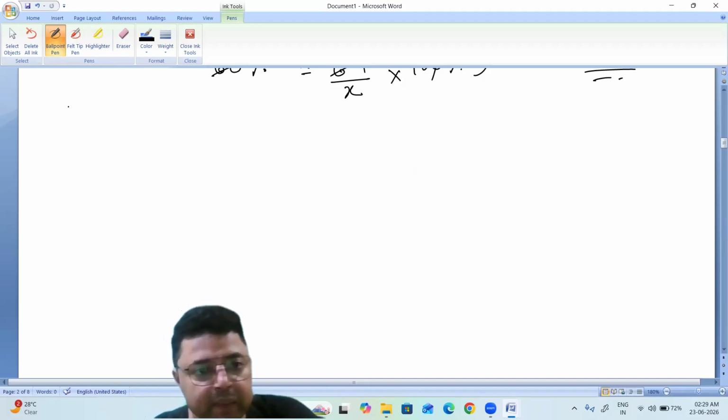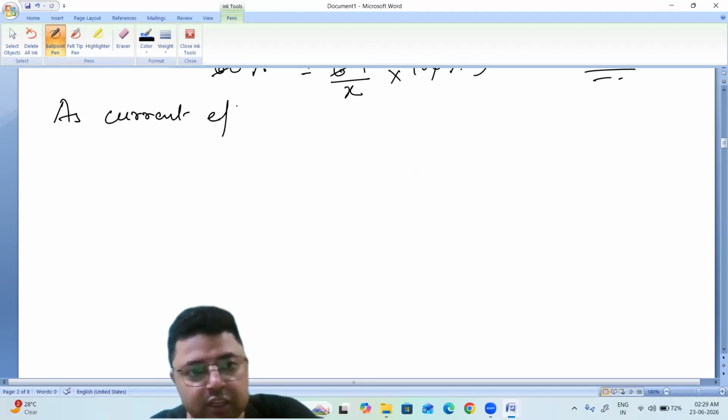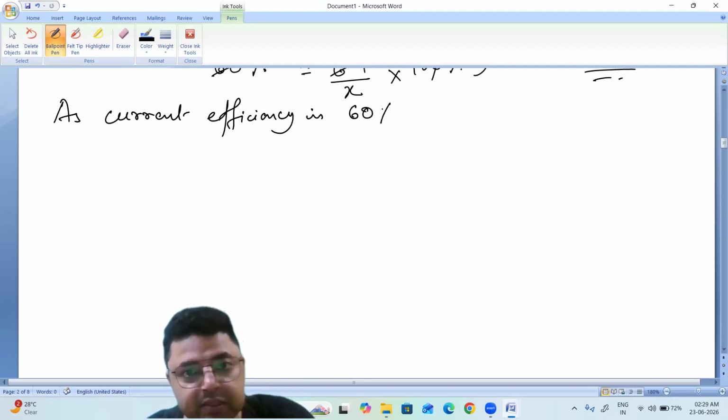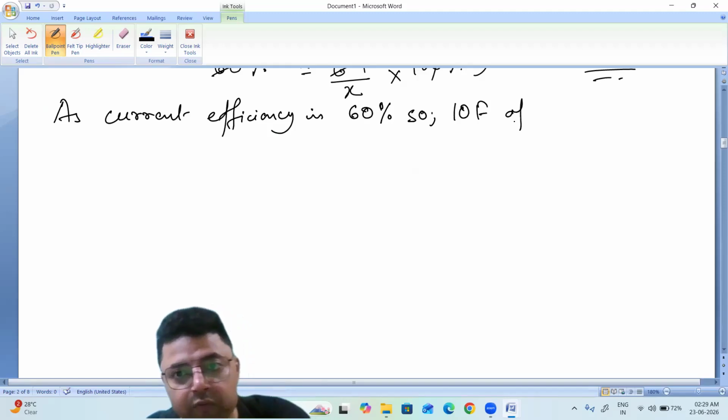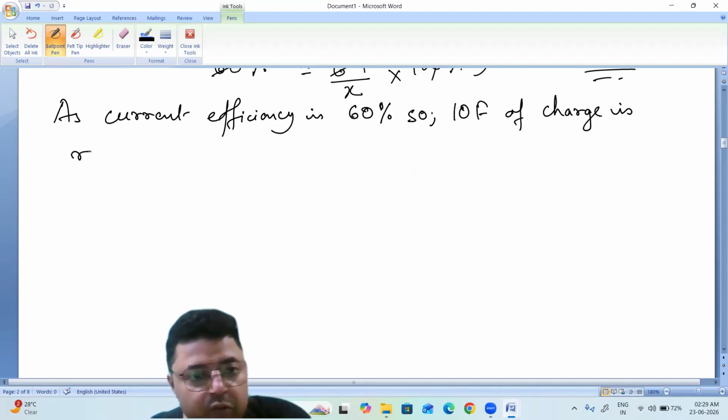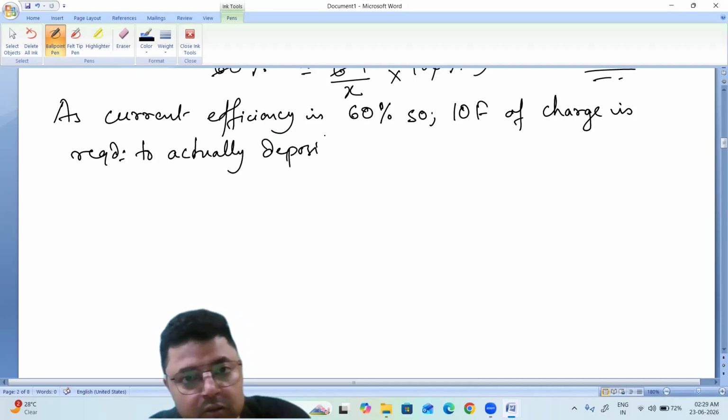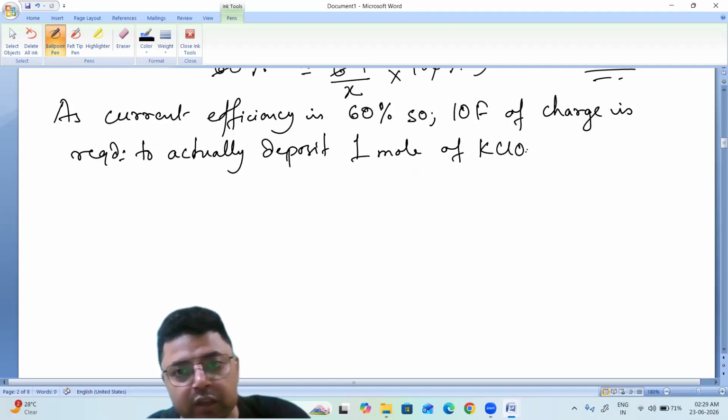But now we will write that as current efficiency is 60%, 10 Faraday of charge is required to actually deposit 1 mole of KClO3.